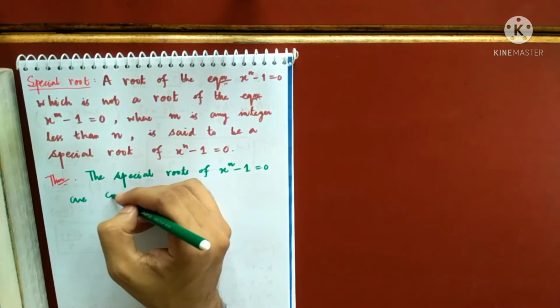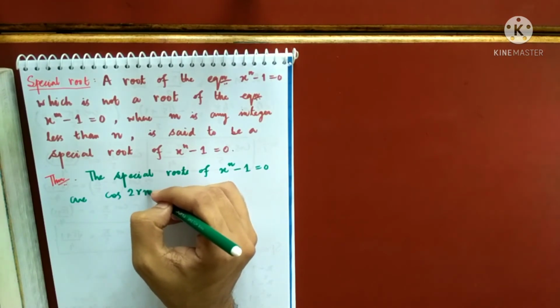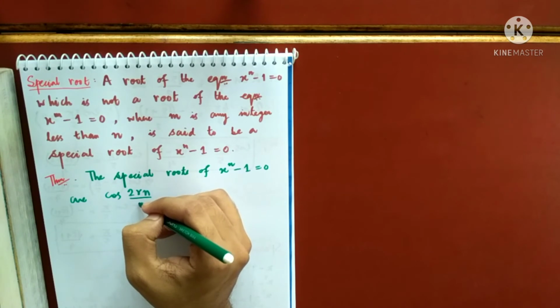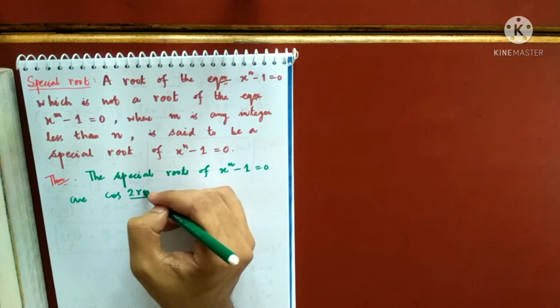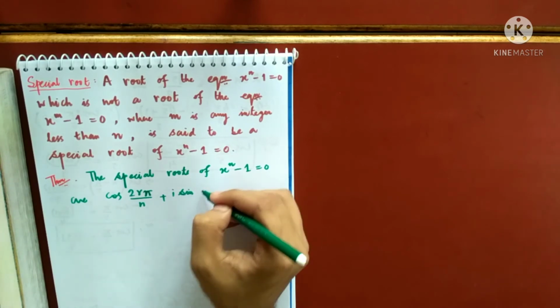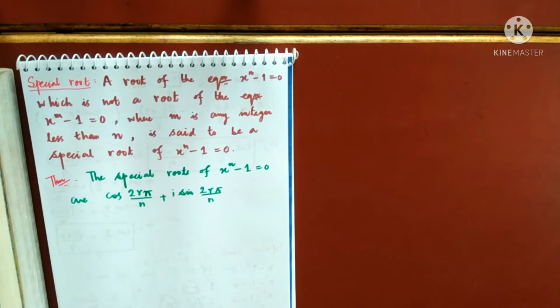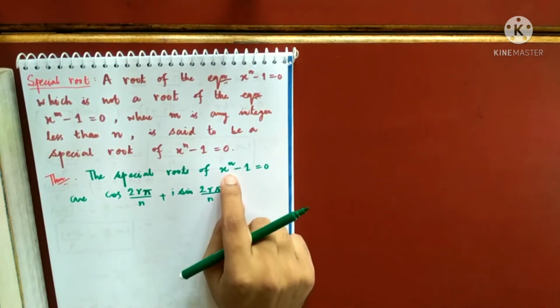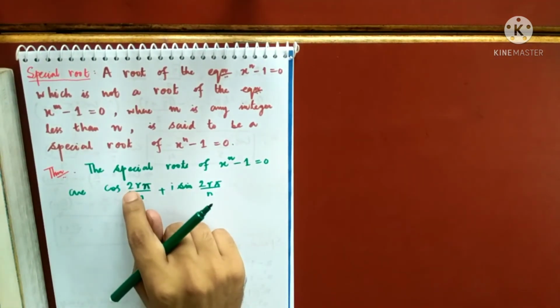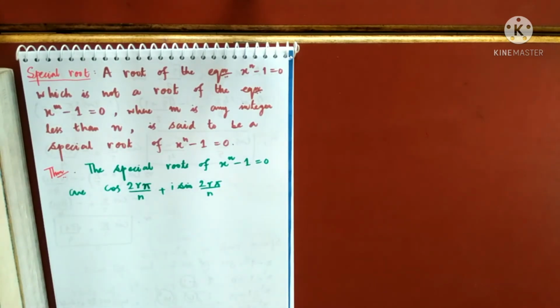The roots of this equation are cos 2k pi by n plus i sine 2k pi by n, where k equals 0, 1, up to n minus 1.